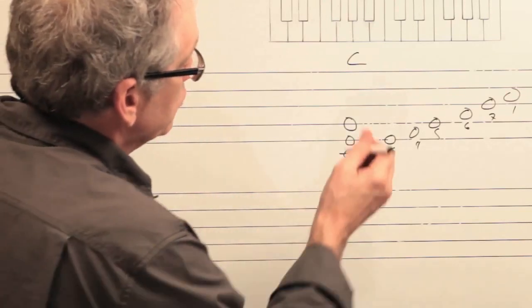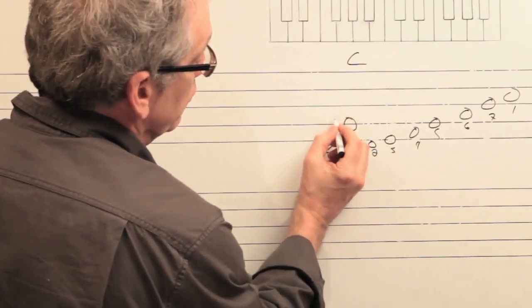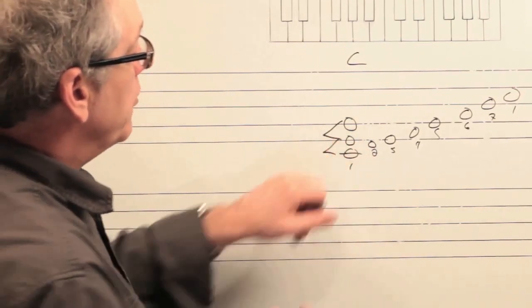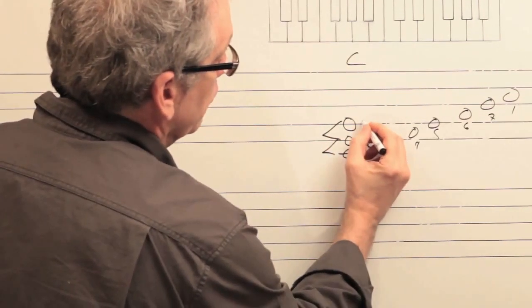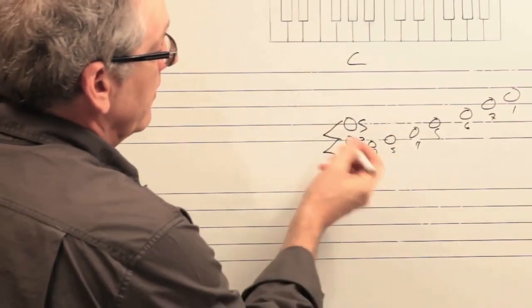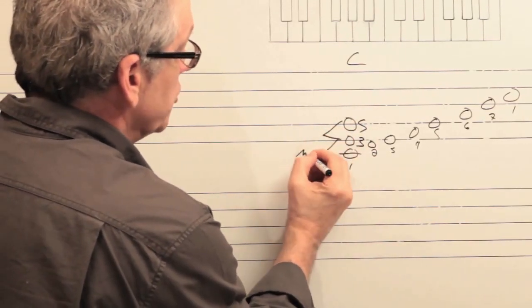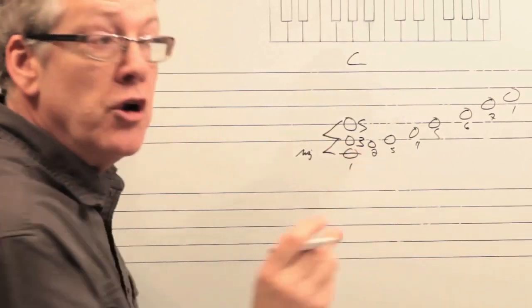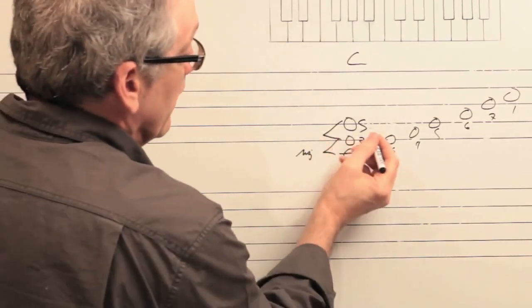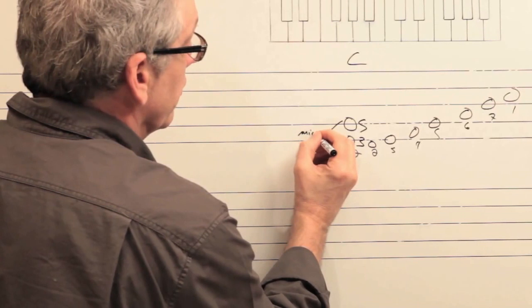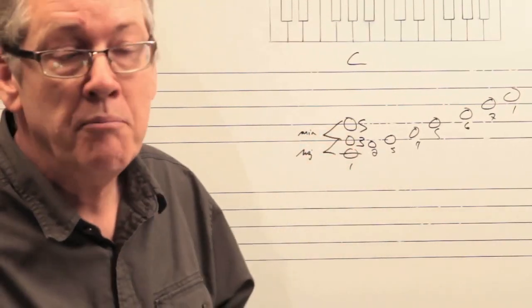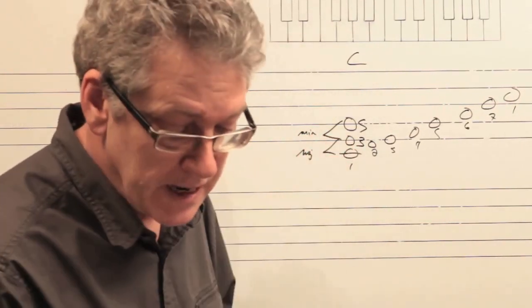And there's 2 intervals. From 1 to 3 is an interval, and from 3 to 5 is an interval. 1 to 3 is a major third interval, and 3 to 5 is a minor third interval. A major third interval is 4 half steps.